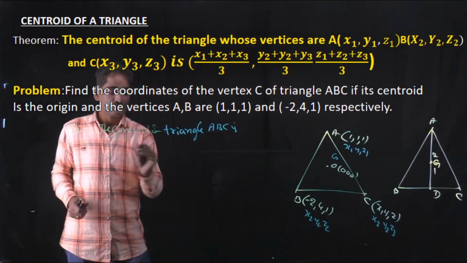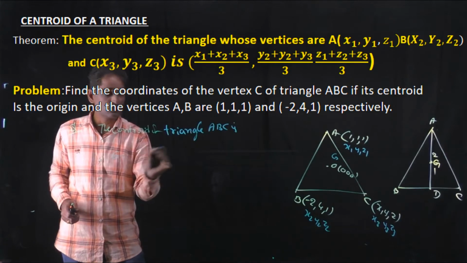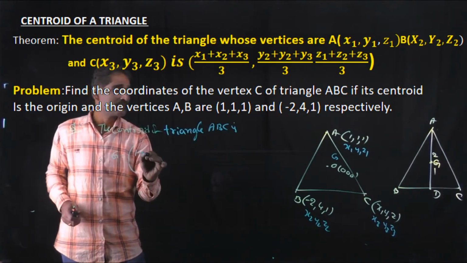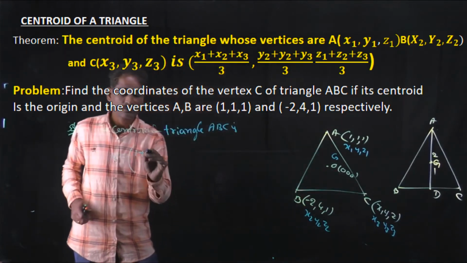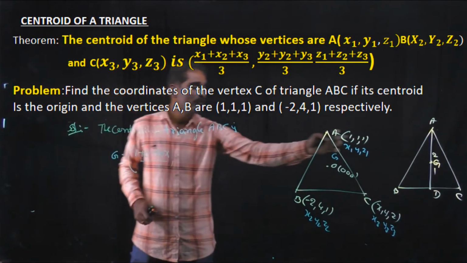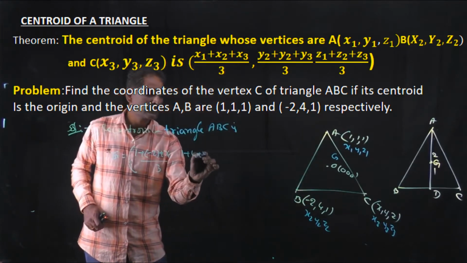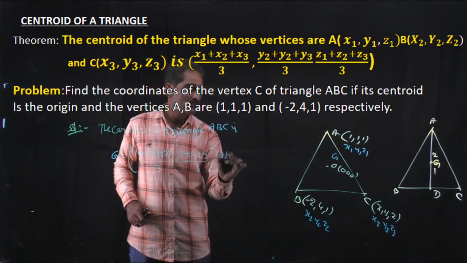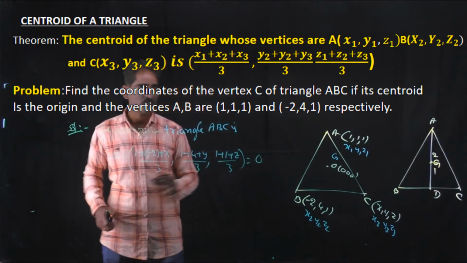So G equals (x1 plus x2 plus x3) by 3, (y1 plus y2 plus y3) by 3, (z1 plus z2 plus z3) by 3, which is (1 minus 2 plus x) by 3, (1 plus 4 plus y) by 3, (1 plus 1 plus z) by 3, equal to the origin 0, 0, 0.